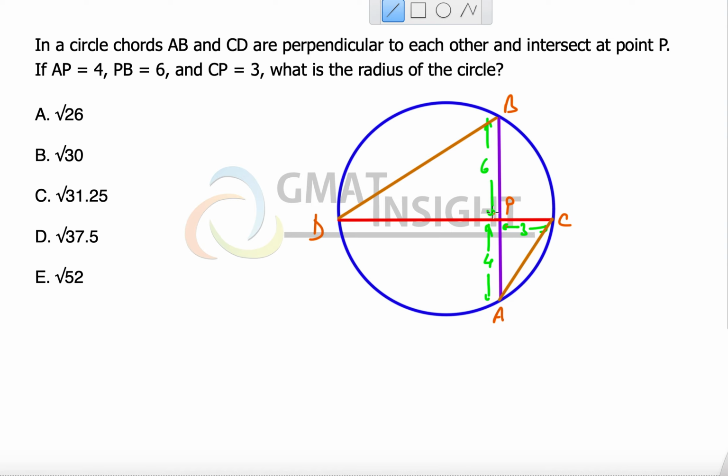For example, these vertically opposite angles are 90 degrees each, and at the same time you can see that angle DBA is equal to angle DCA, because both these angles are marked by the same arc. This arc is responsible for making these two angles, so these two angles should be the same. So now we have this angle equal to this angle. That means this third angle should be equal to this third angle.